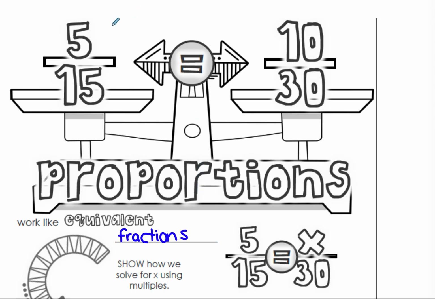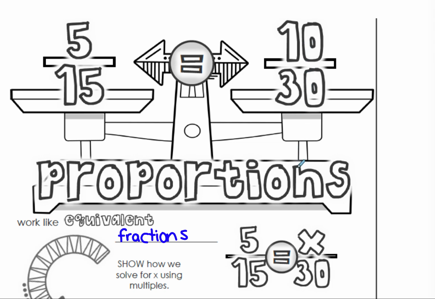We could say 5 times 2 is 10, and 15 times 2 is 30. It's a side-to-side pattern. Or we could say 5 times 3 is 15, and 10 times 3 is 30. That's an up and down pattern. And we can use side-to-side multiplication and up and down multiplication to help us when we are solving proportions.